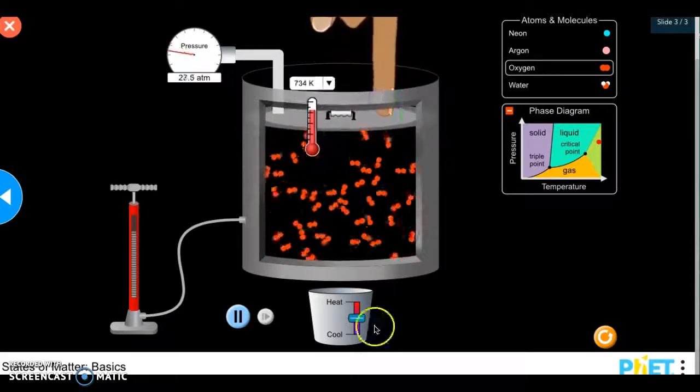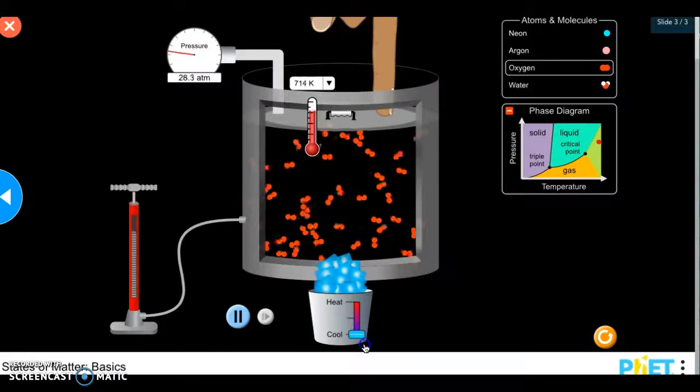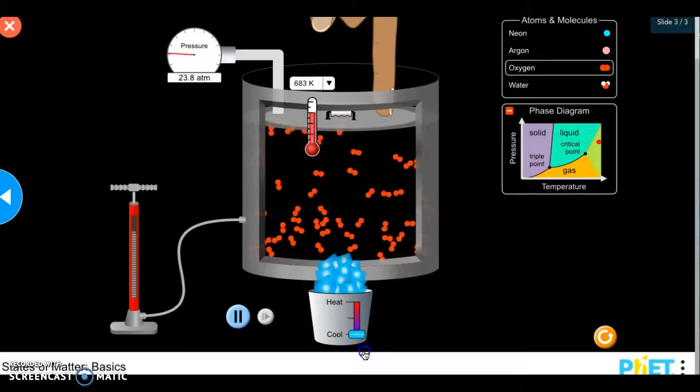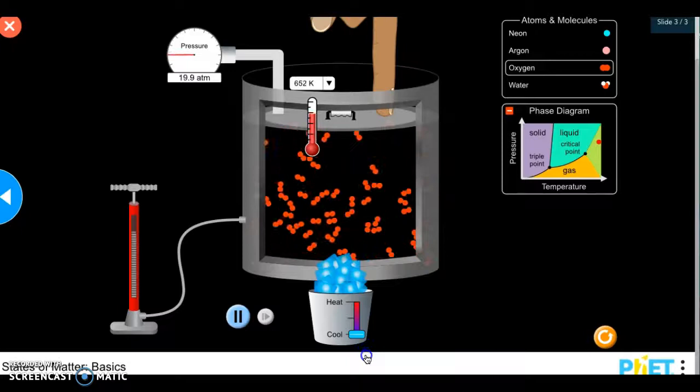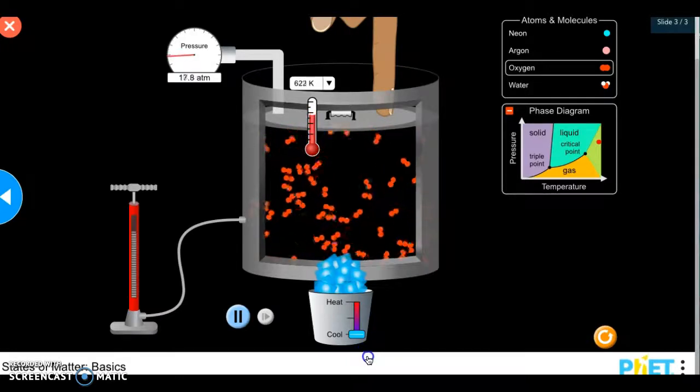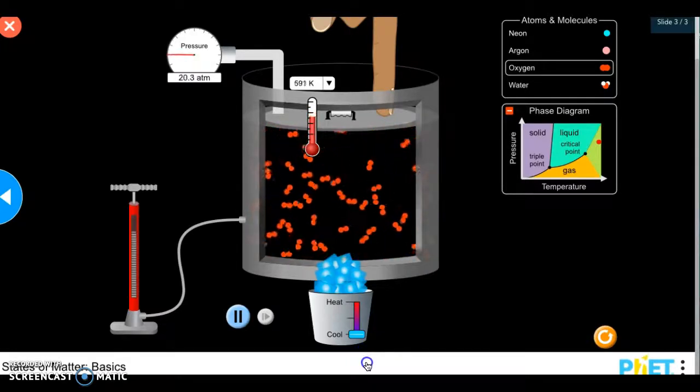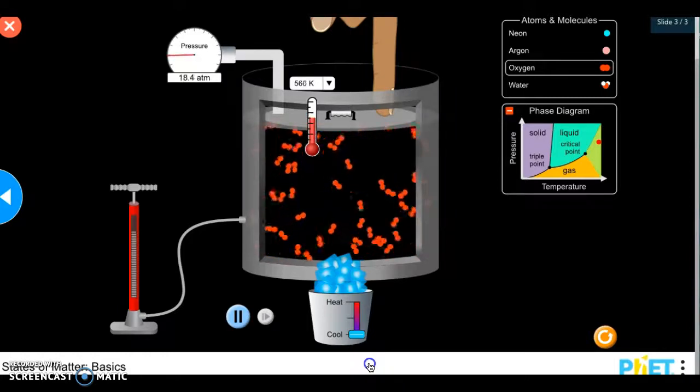If we were to add some cooling, let's see what would happen. These oxygen molecules are currently at a gas state of matter. It takes a little while for the temperature to drop.